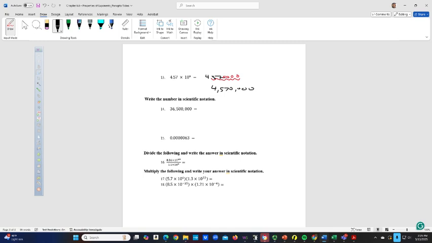All right. So when we start to convert to scientific notation, a couple of things you have to be aware of. If the number is bigger than 1, that integer, that k value, is going to be positive. If my number is smaller than 1, then that k value is going to be negative.